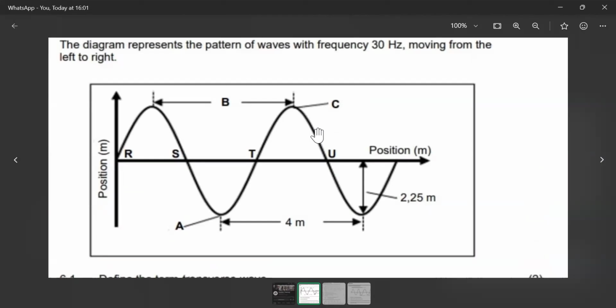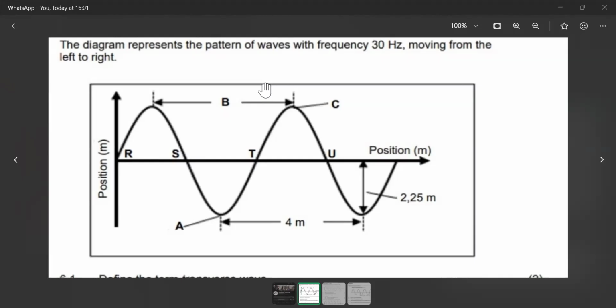Why? Well, remember when we defined the points in phase, we said they have to be moving at the same time, at the same speed, in the same direction, right? But that definition is not enough in terms of answering why R and S are not in phase.